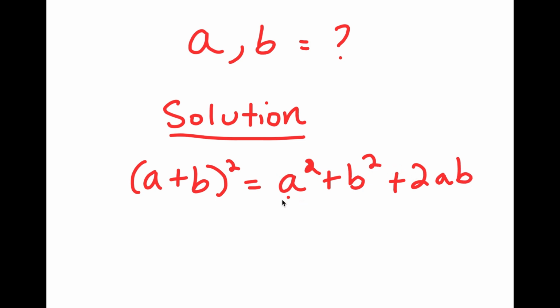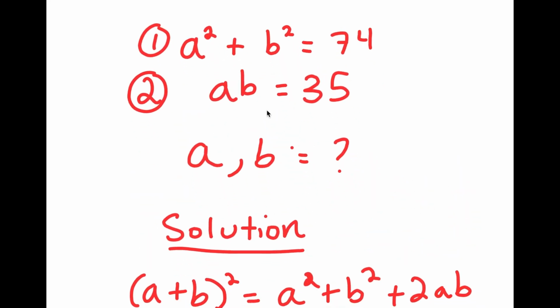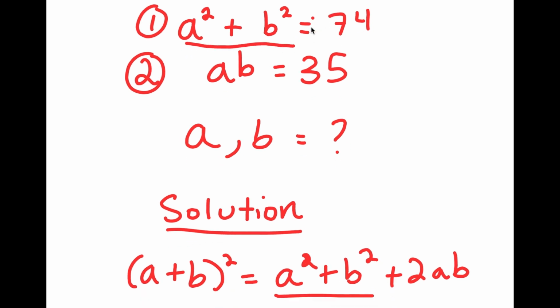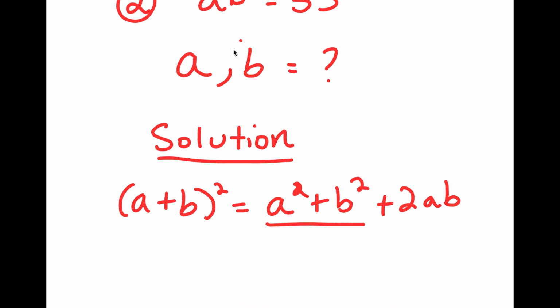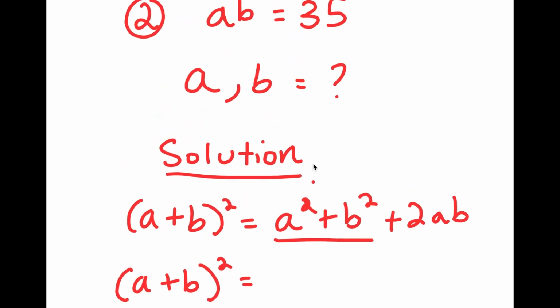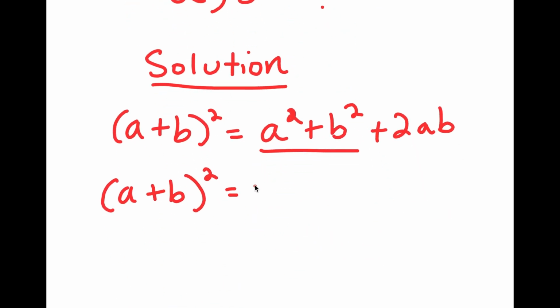And notice over here how we have a squared plus b squared. Well, we already have the value of a squared plus b squared right over here, which is 74. Meaning that (a plus b) squared is also equal to, I can plug in 74 for a squared plus b squared, 74 plus 2ab.